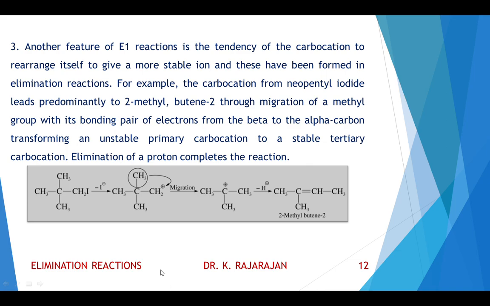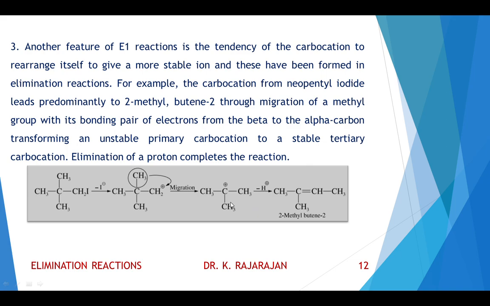So here you are having this, the first one is the unstable carbocation. So by means of migrating a group, it transforms into a stable carbocation, which is shown here.